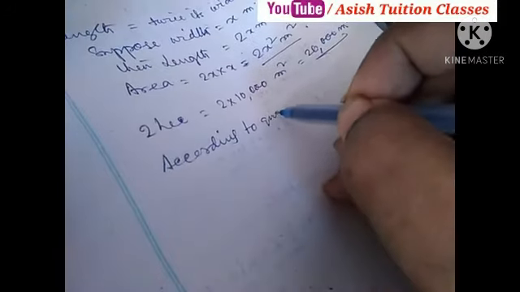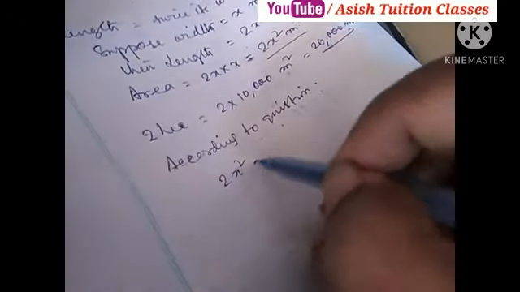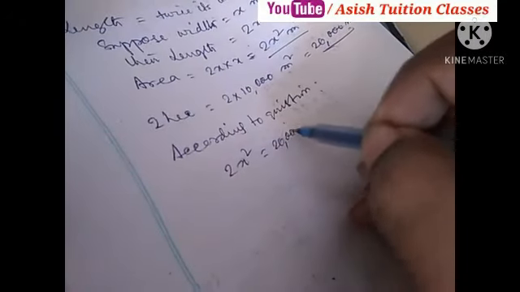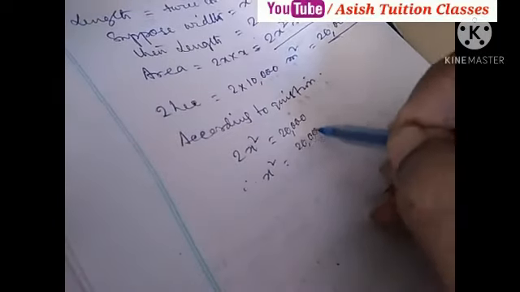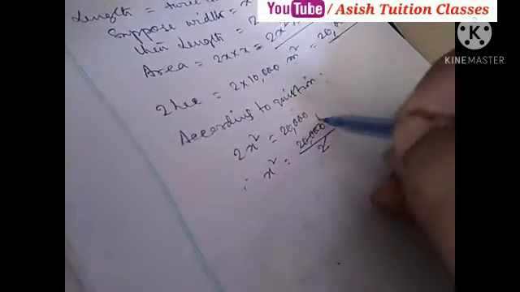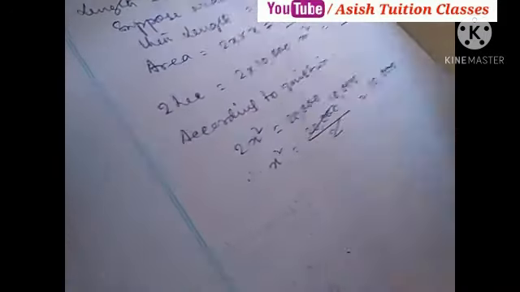According to question, 2x square will be equal to 20,000. Therefore, x square will be equal to 20,000 divided by 2. This means 10,000.